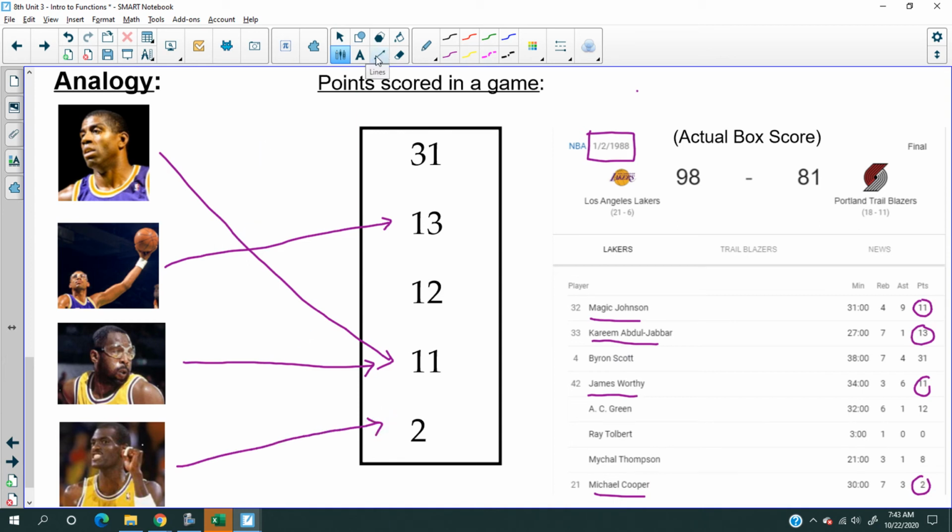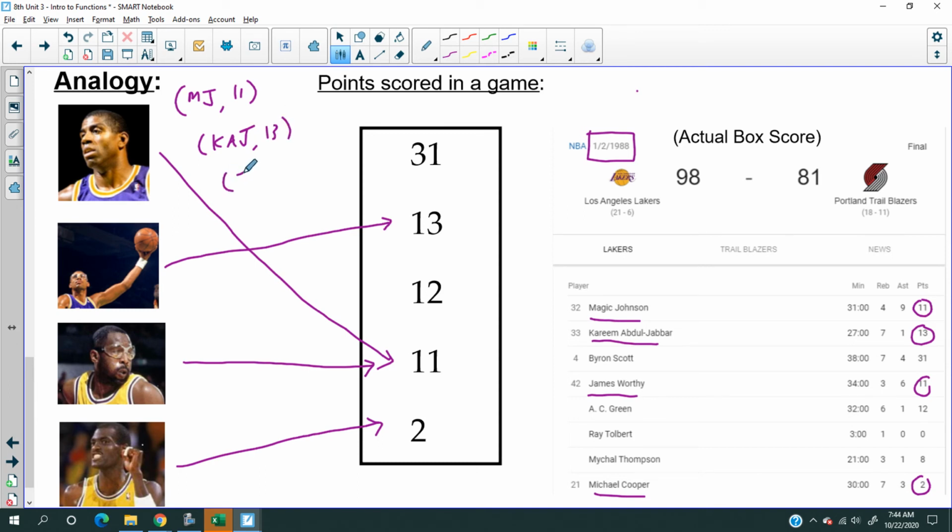So right now, look at this. If I were to list this, I'm going to write it like a coordinate, okay? Magic Johnson scored 11 points. Kareem Abdul-Jabbar scored 13.